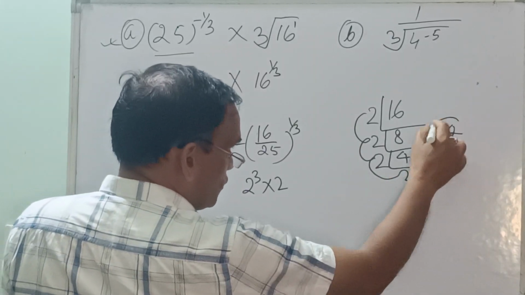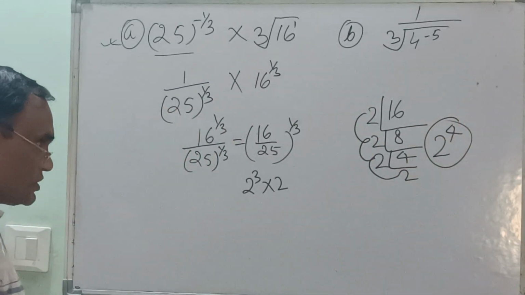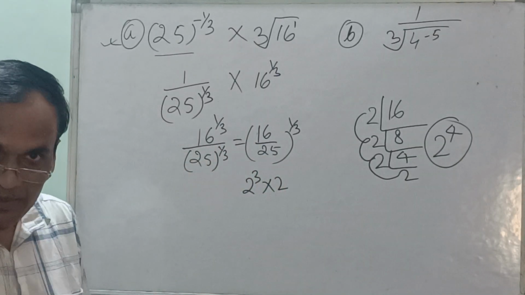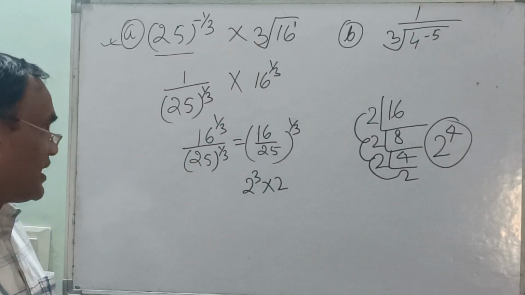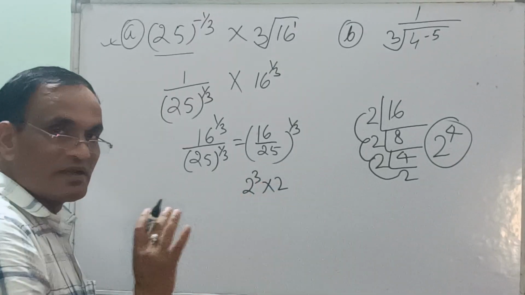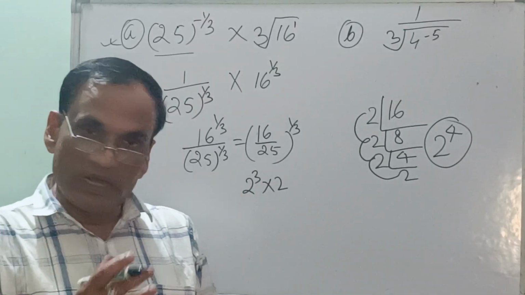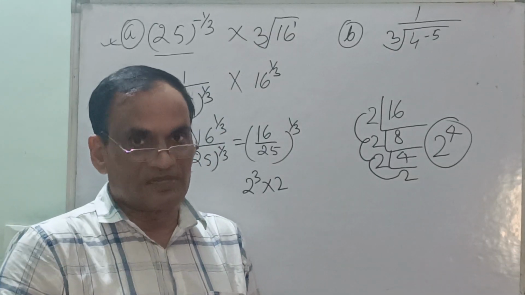There is no issue, but I have some purpose here. Why have I written like this? I will clear this purpose also, because I want to get the solution further.